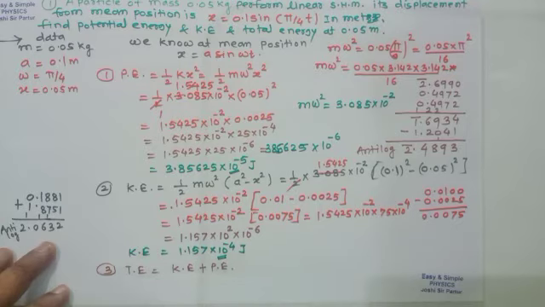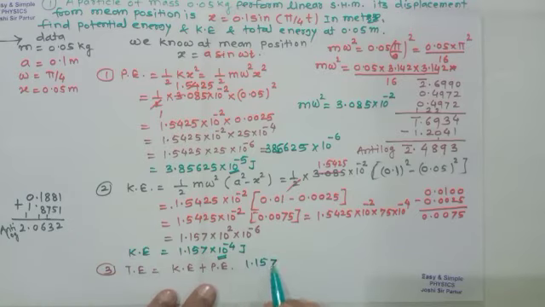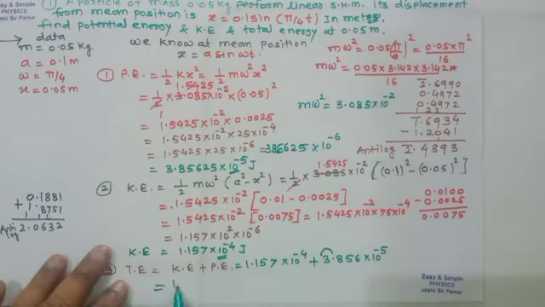If we substitute the values, so values will be 1.157 into 10 to the power minus 4 plus 3.856 into 10 to the power minus 5. By shifting the decimal point, so 10 raised to minus 4 will be common. So it is 1.157 plus 0.3856 in bracket into 10 to the power minus 4.